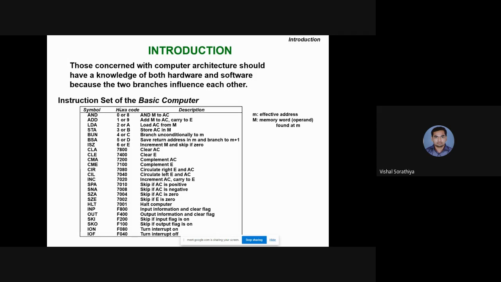Those concerned with computer architecture should have knowledge of both hardware and software, because these two branches influence each other. If you only know the hardware, that is not going to be enough. You also need to understand which type of software will be applied on it, which makes your system work perfectly.